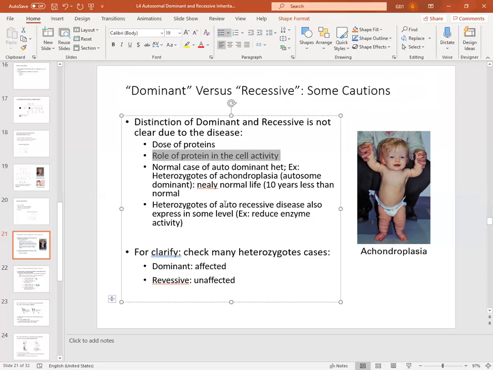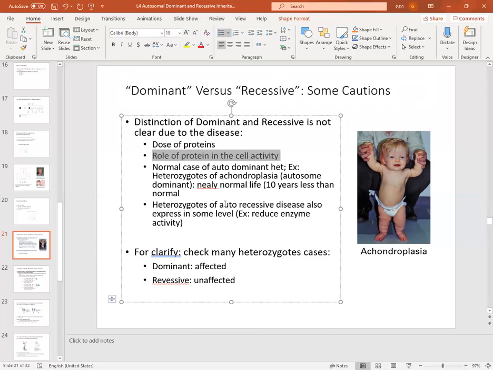But if a protein is an enzyme at the center of the cell's biochemistry, its role is greater because it is involved in a lot of pathways, so you have a problem, right?